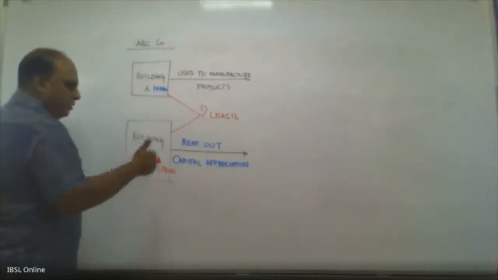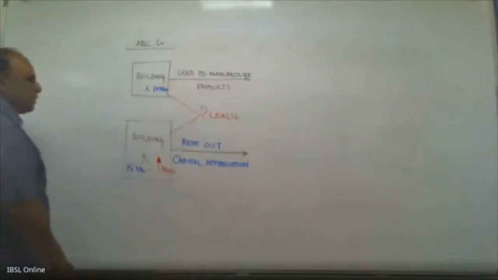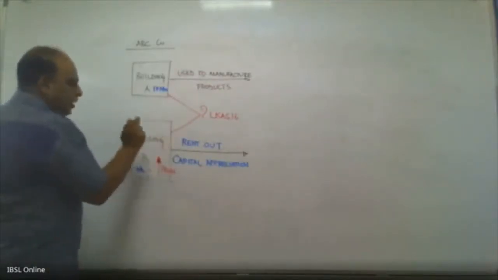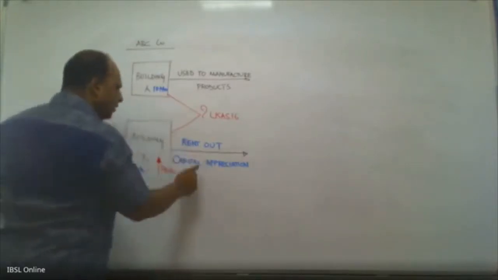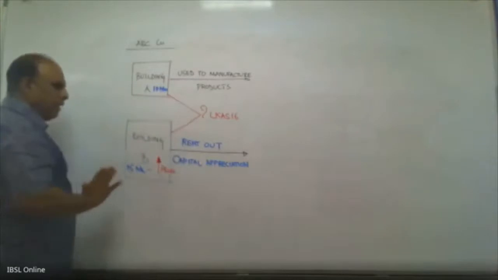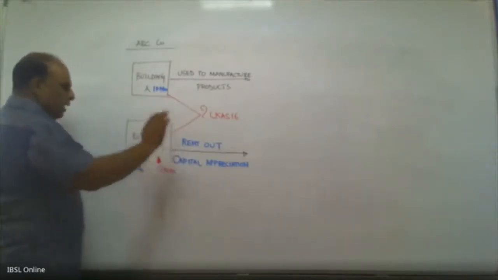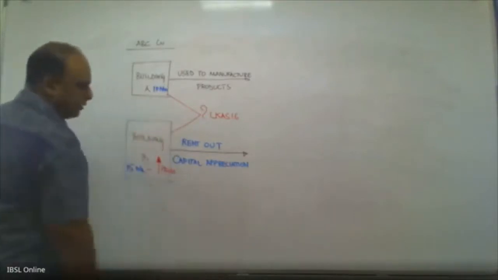Okay. So building A is very clear, used in the business. Building B, we are left with two options. One is I am going to rent it out, or I am going to hold it. I will just keep that building. I know day by day the price is going up. So when I come to a satisfactory level of price, I will immediately sell it.